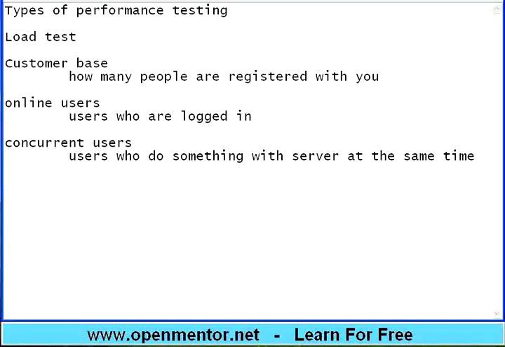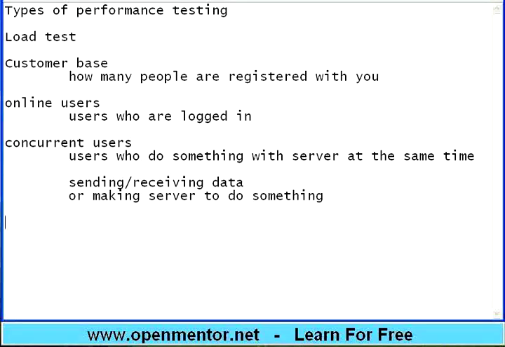That means you are sending or receiving data or making the server do something. When this is happening, you are treated as a concurrent user with the other user. So what is more important is concurrent users testing.